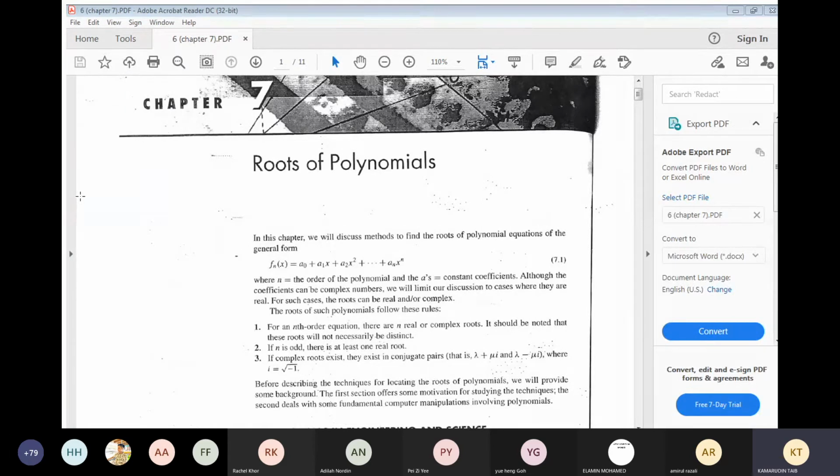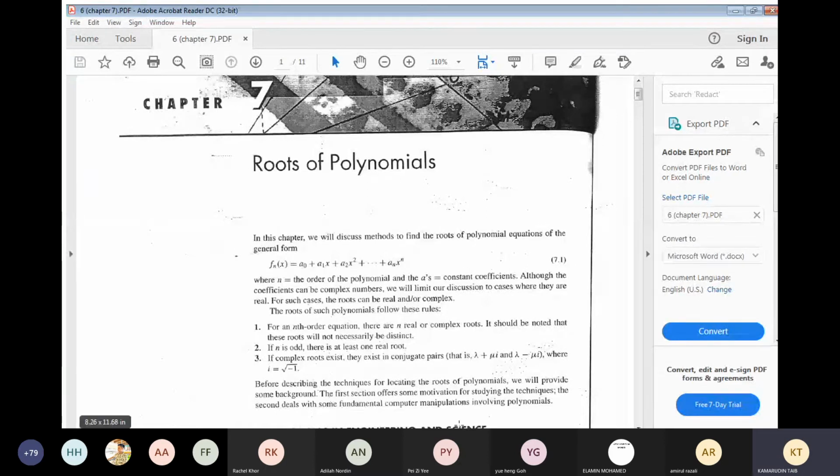What is the exact answer for the polynomial root? What is the formula? Anybody remember? x equals minus b plus or minus the square root of b squared minus 4ac, divided by 2a, correct? If the square root of b squared minus 4ac turns out to be negative, then we can get a complex root.